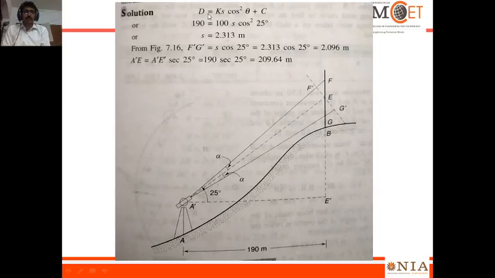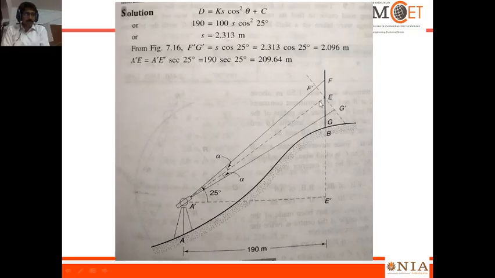So we know distance equal to Ks cos square theta plus C cos theta. Again the C becomes 0 also. So distance is given as 190. K value you can substitute. Staff intercept, since we are not having the reading, S cos square theta, so yes, you can obtain 2.313 meter. This is the vertically held staff.